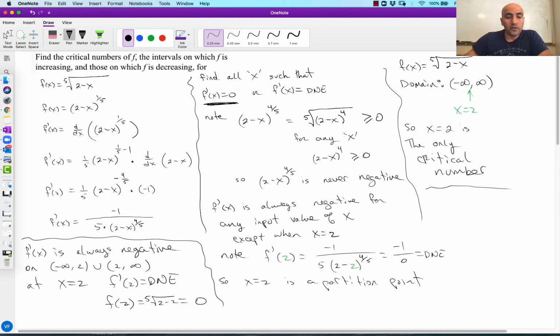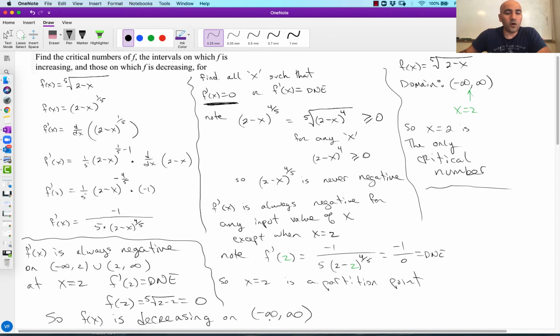So we can conclude that f of x is always decreasing, on all real numbers from negative infinity to positive infinity.